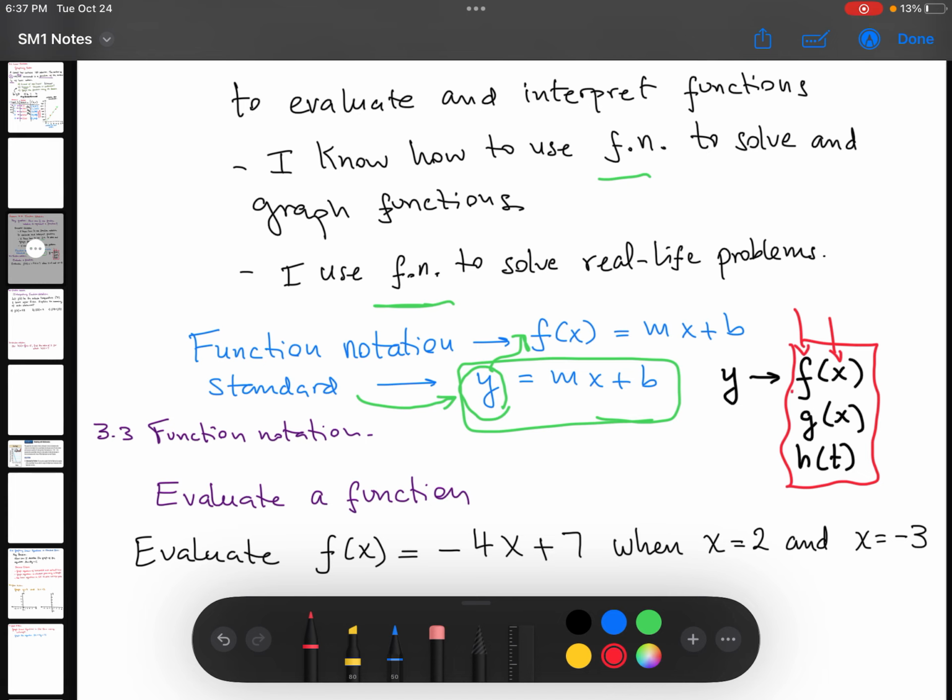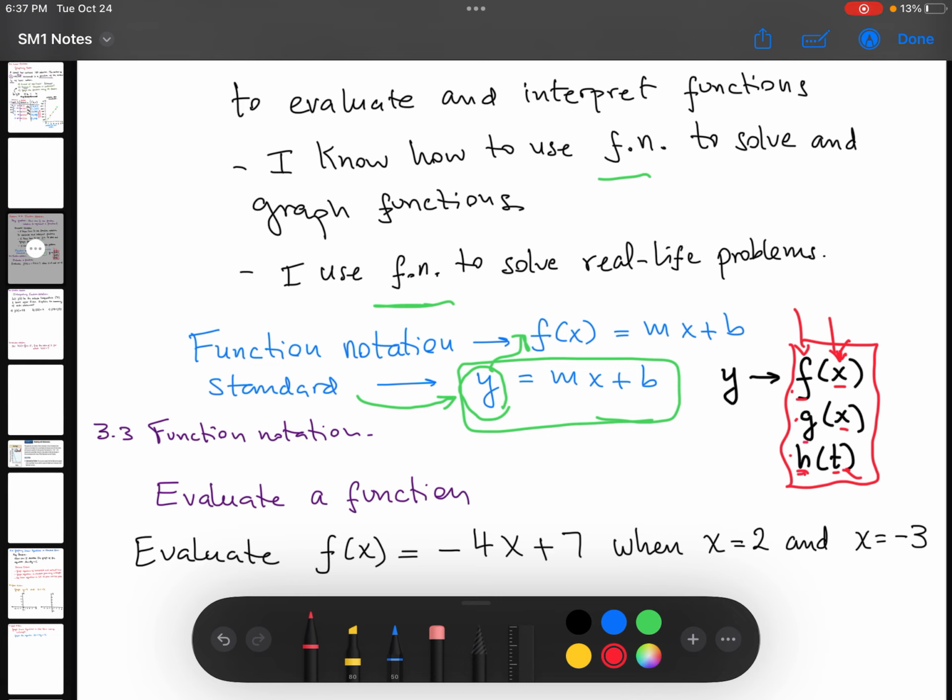This f, g, and h are kind of like the name of the function, and what's inside, x or t, are the input, or it also represents, remember, the independent variable. Understanding that, in this case, the function depends on x or depends on t for its output values.